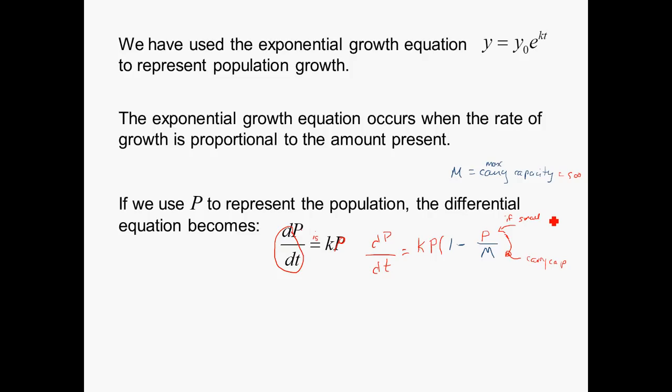If P is small, then P over M is small, and then 1 minus P over M is close to 1, true? And if you're close to 1, then this whole expression is close to 1, and 1 times Kp is Kp, which is very exponential.